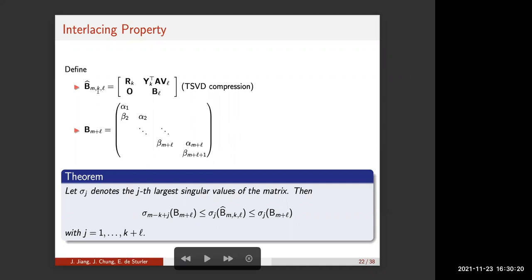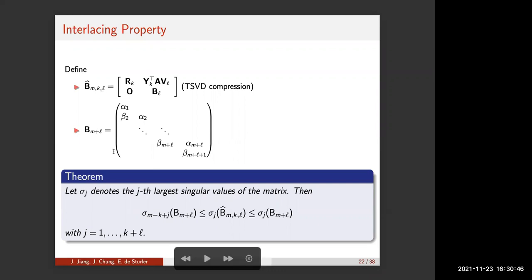So the properties of the projected matrix of our method are close to those of the original hybrid method. Their largest singular values will be close, and their smallest singular values will also be close. That means even if we do the compression, we don't lose much information.